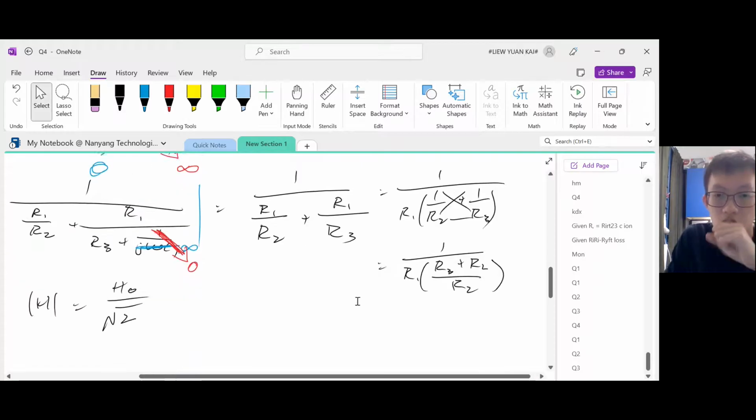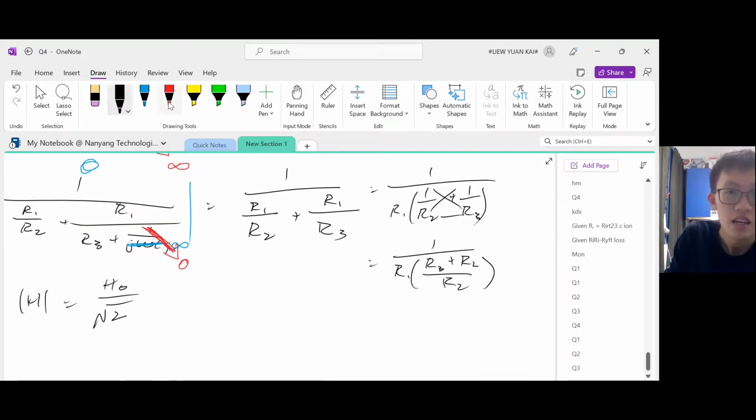Look at what I'm going to do. I'm going to pull this R1 to the outside of this fraction. If I do so, it will look like this. I'm going to pull out that 1 over R1, and then the rest of it, I just copy down.